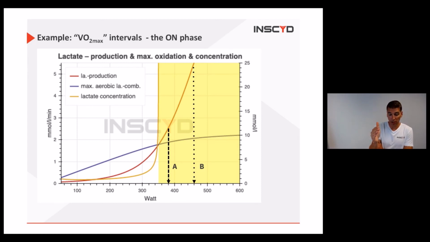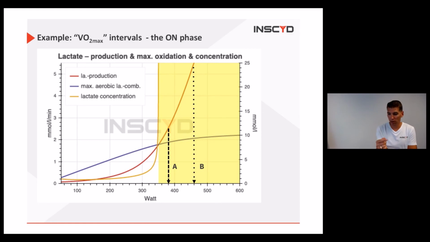In this example, you want to ride at VO2 max, but you're riding at VO2 max anyway, no matter if you ride at 370 watts or 500 watts. The question is only how long it takes to ride at VO2 max. So now we are talking about the difference. How do I decide between riding at 380 or at 500? Well, at 380 watts, the training stimulus on your glycolytic system is much, much lower than it is at 500 watts, obviously. Okay?